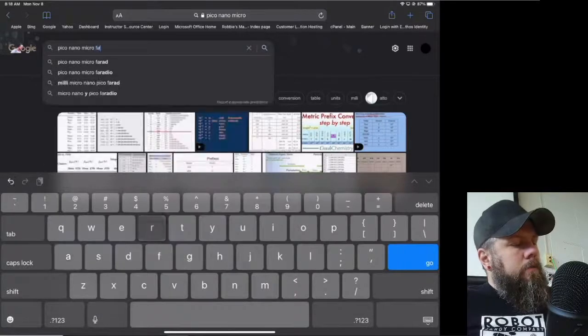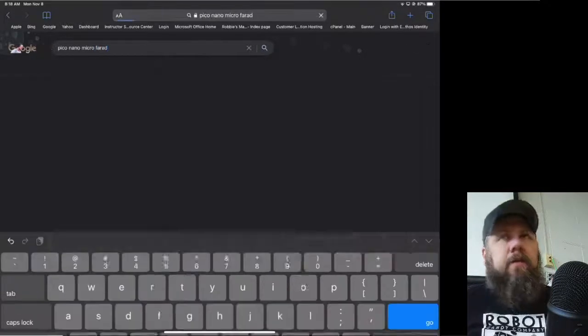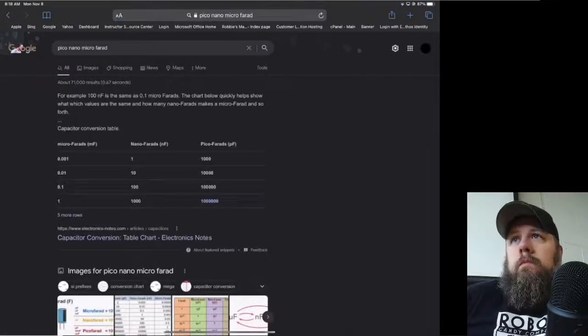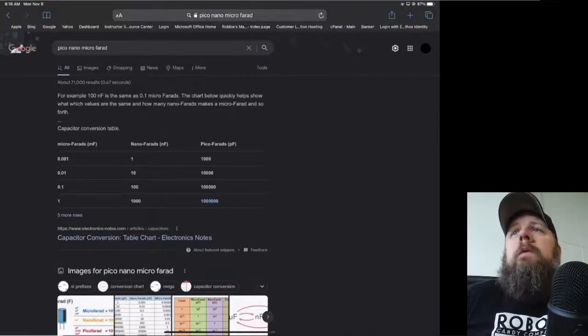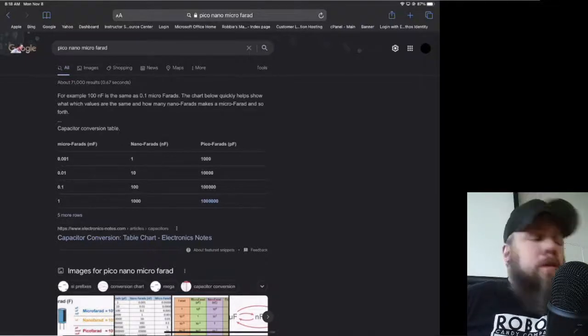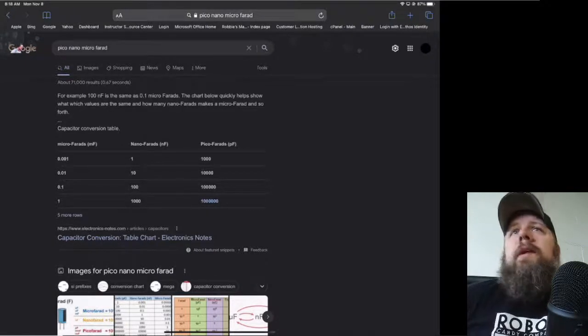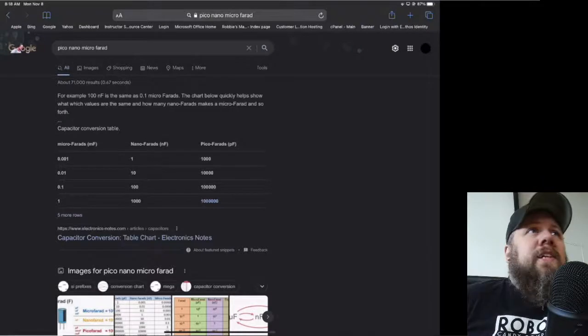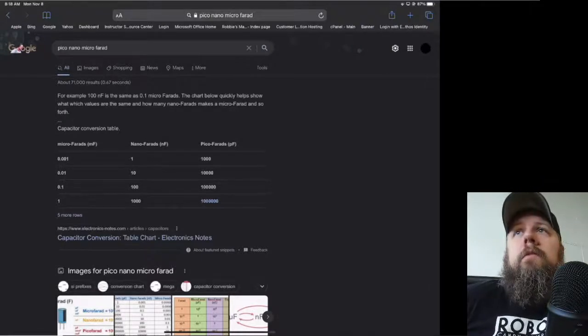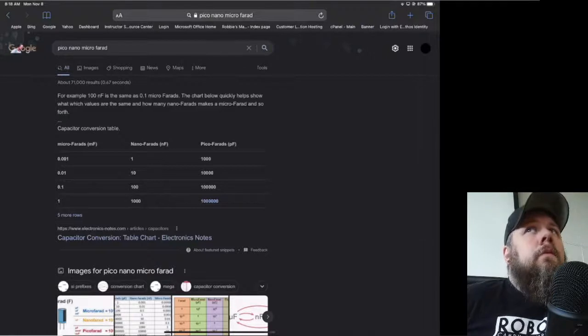Now, a farad is a big thing. Most of the capacitors you're going to use are going to be in the pico to micro range. But all of these equations depend on putting it in terms of either henries or farads. So when it has that big C there, 2 pi times RC, it wants it in farads.